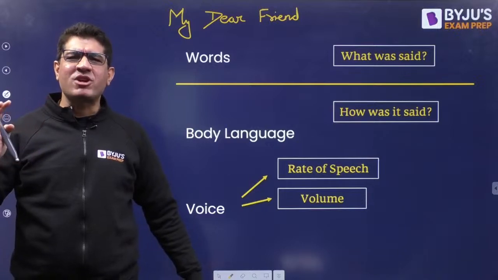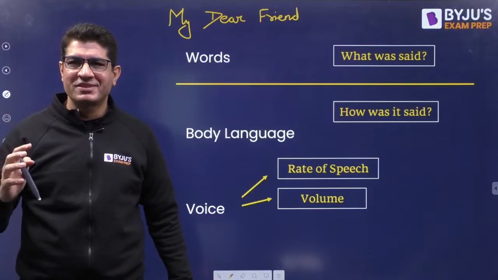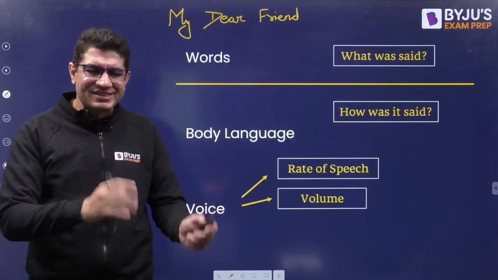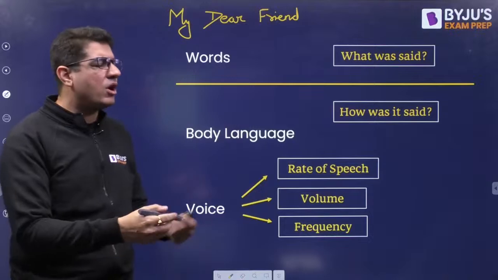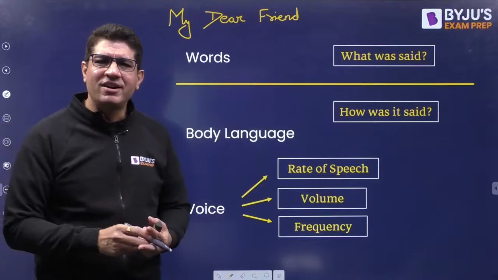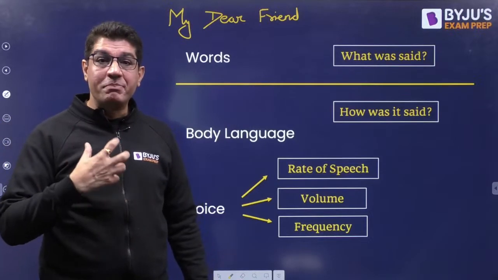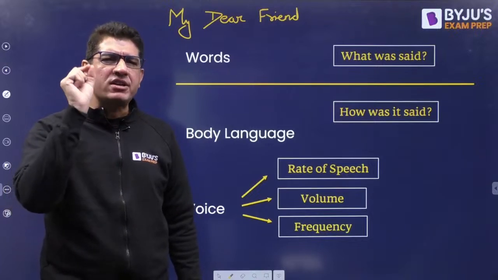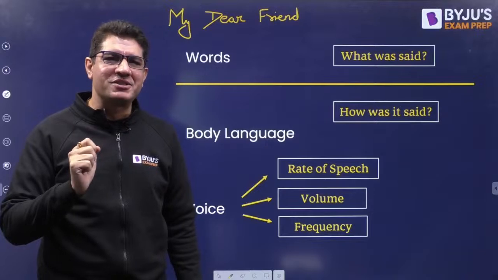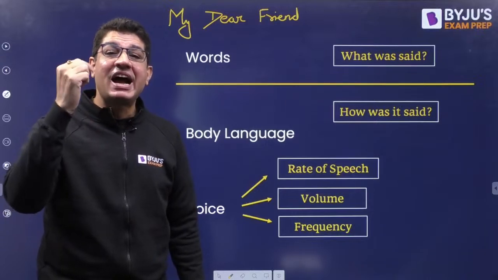In some cases you can also choose to shout. And then we have something called frequency or pitch. So you can speak with a lot of bass, lower frequency notes, or you can also choose to hit a lot of high frequency words. You can keep your pitch high, right?